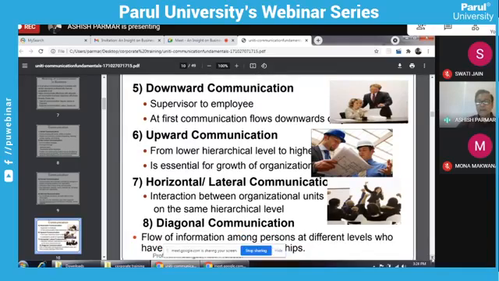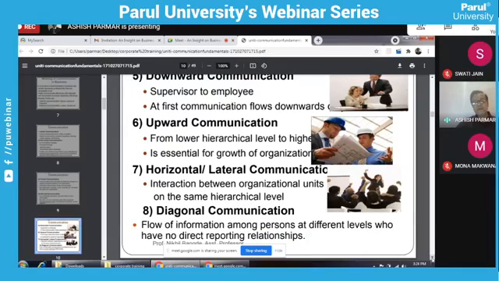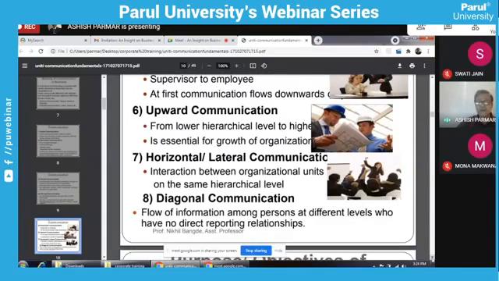Horizontal and lateral communication happens between people of an equal level, like in a meeting. And diagonal communication flows information among persons of different levels who have no direct reporting relationship. It's a general communication. So these are the different ways of communicating: upward, downward, horizontal or lateral, and diagonal communication.